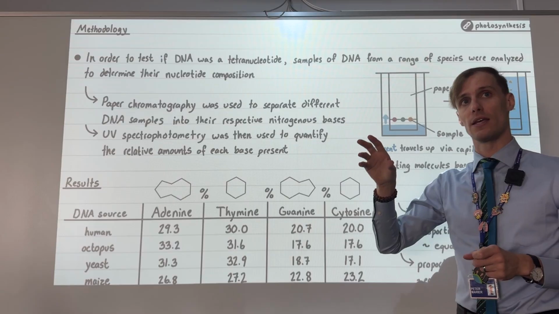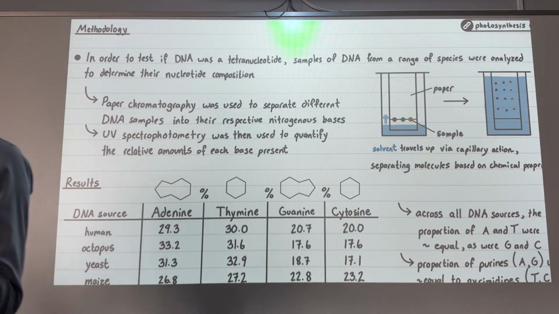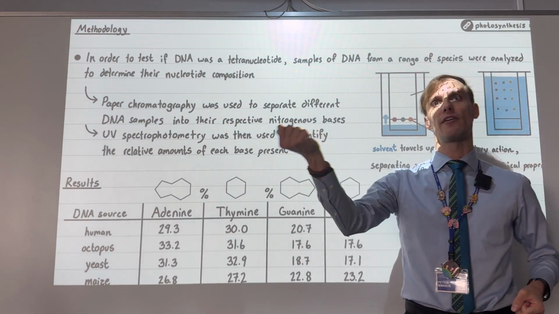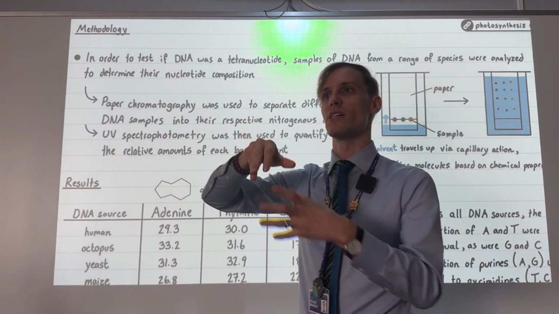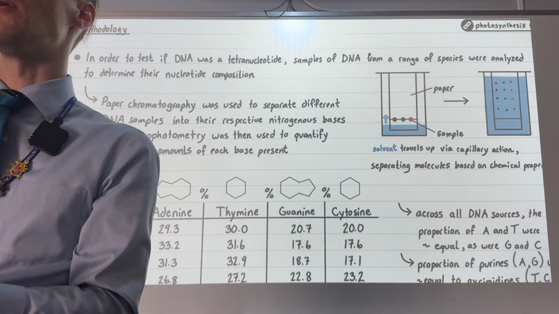Chargaff decided, okay, if I want to see whether the tetranucleotide hypothesis is supported or falsified, I'm going to take a sample of DNA from an organism, and I'm going to separate that DNA out into its nucleotide components.